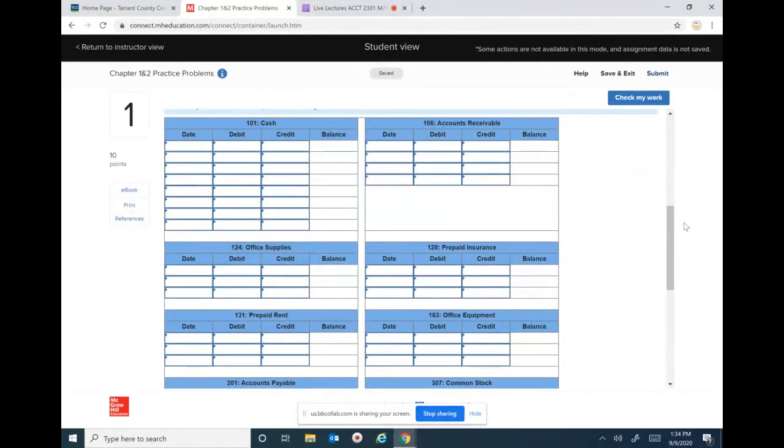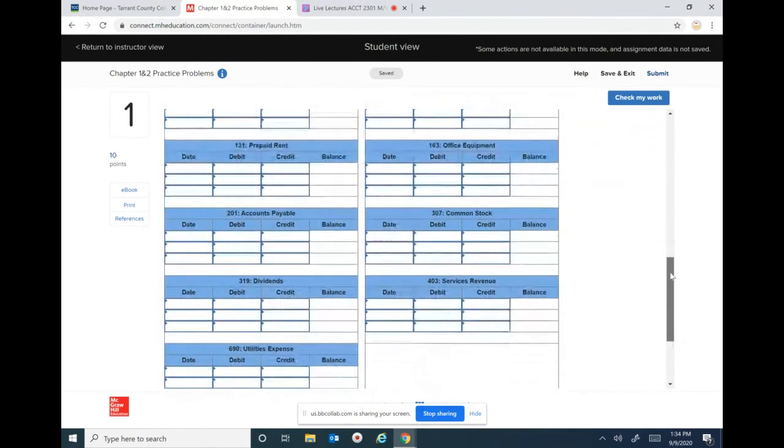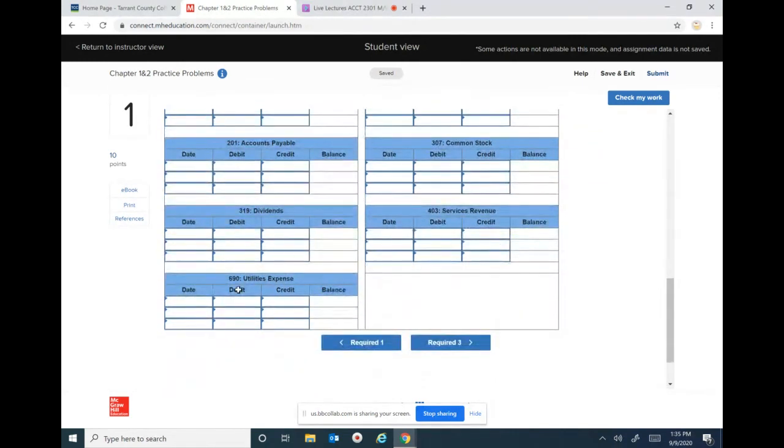You see the asset accounts first, then a liability account listed second, then the common stock and the dividends, or stockholders' equity accounts, listed third, and then revenues and expenses are listed on the very bottom.